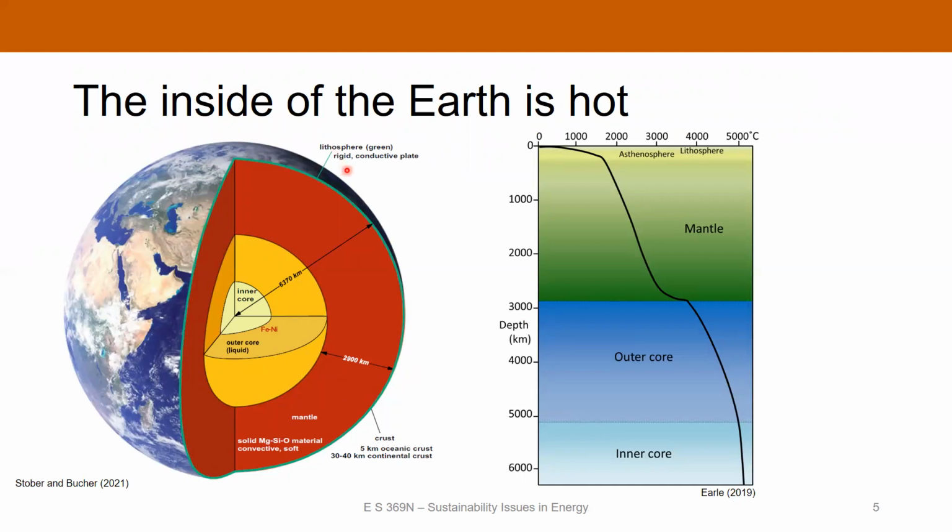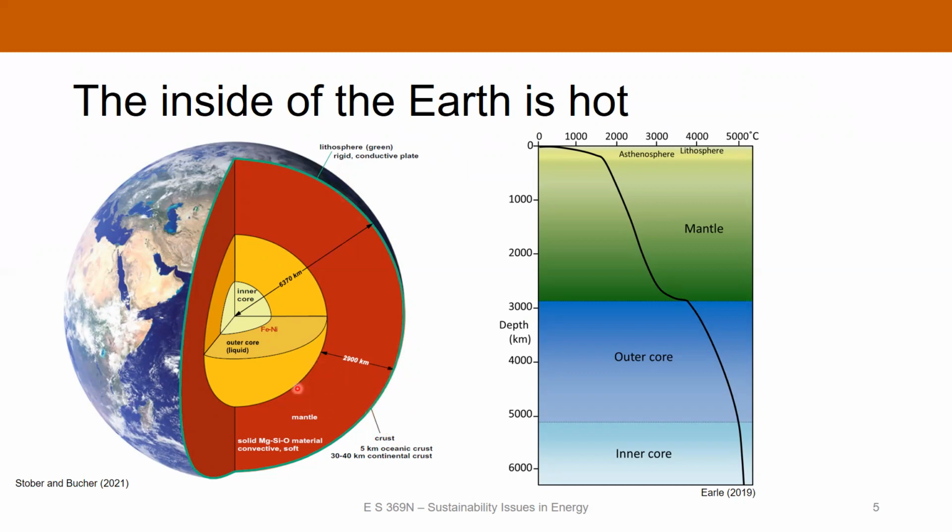This is a rigid, brittlely deforming layer. The lithosphere is made up mostly of the crust, which is the outer hard layer of the Earth, and then a little bit of the mantle. The upper part of the mantle, which is called the lithospheric mantle, actually deforms brittlely.